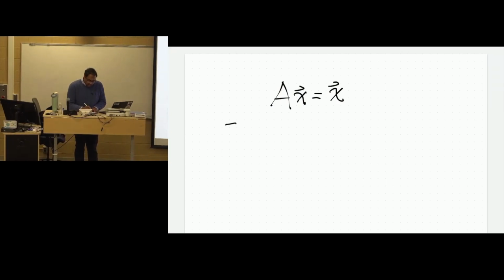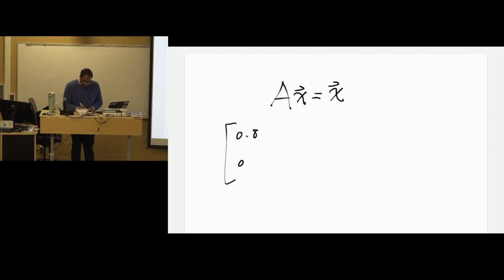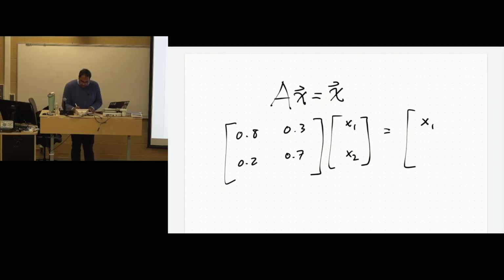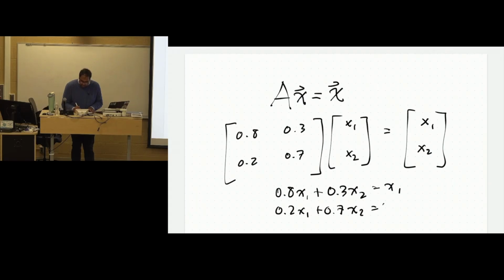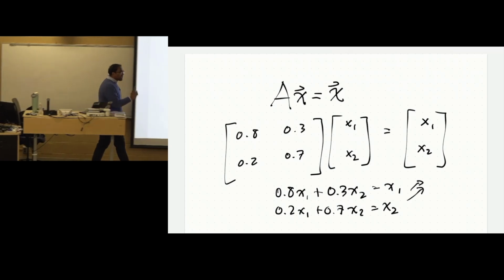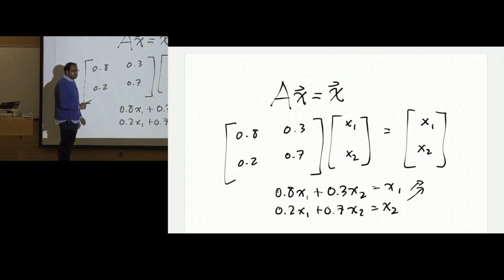And then if you go here and take 0.8, 0.2, 0.3, 0.7, multiply it by x1, x2, and solve for x1, x2, well, then you get 0.8 x1 plus 0.3 x2 equals x1, 0.2 x1 plus 0.7 x2 equals x2, and you solve, and like before, you're going to get infinitely many solutions.